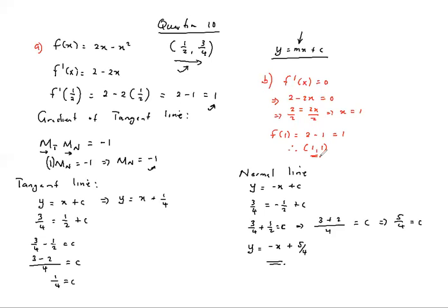Okay, so we go to question 11. Find the point at which the slope of the tangent line to the curve y is equal to 5 plus 3x minus x cubed is 3.